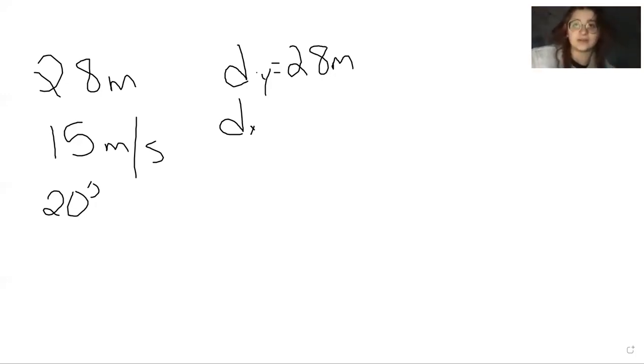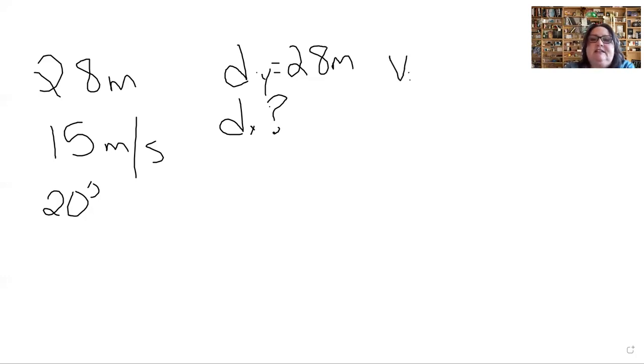Okay. So then we don't know this. We're going to solve for that eventually. And Dylan, how would I write the initial velocity on the x and the initial velocity on the y?